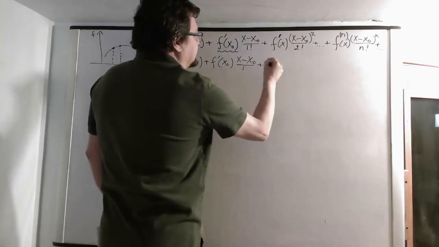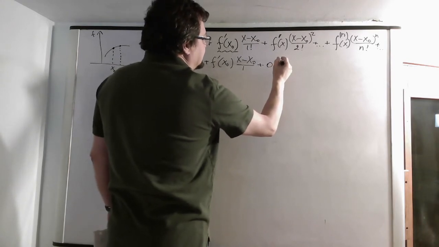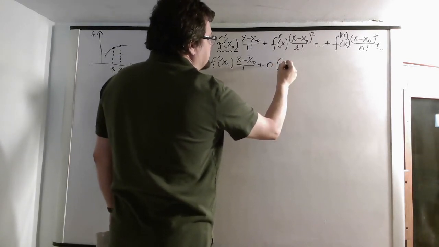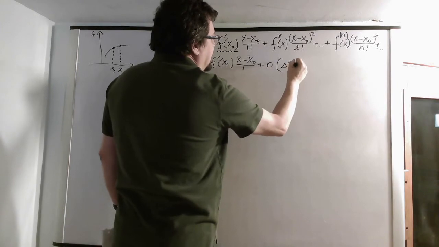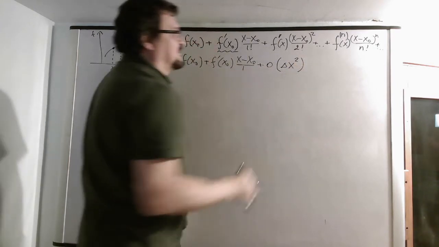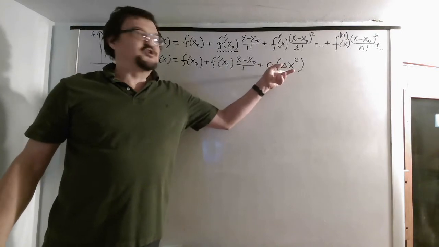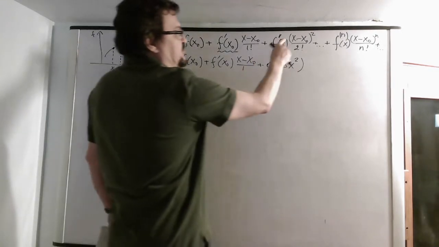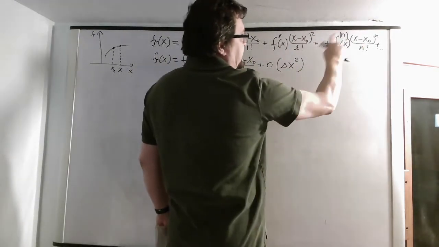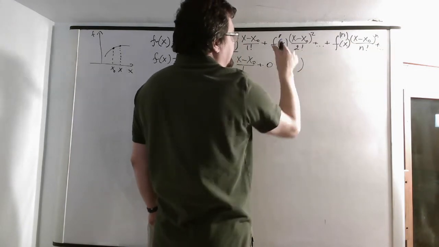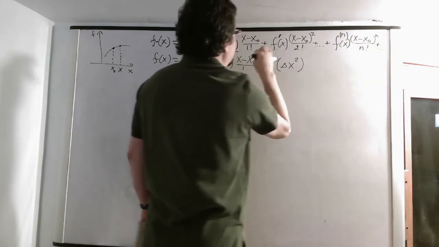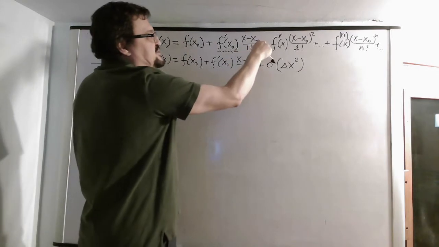Plus, in this mathematical calculus notation, O of delta x squared. So it's the order of this term. These terms presumably become progressively smaller and smaller, so this is some error with respect to this term, some addition.